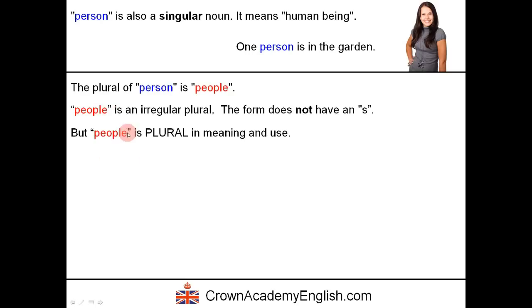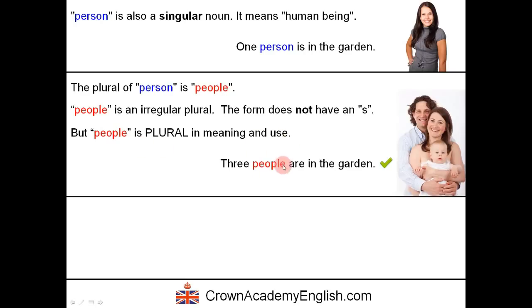But people, it is plural. The meaning is plural, and the use is plural. And we'll see this in a minute with an example. So here's the example. 3 people are in the garden. 1, 2, 3.